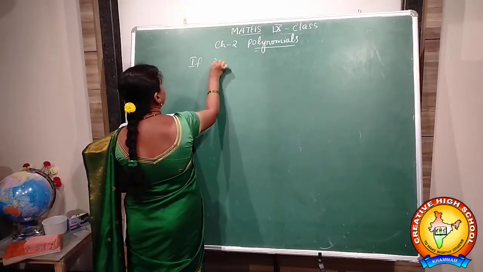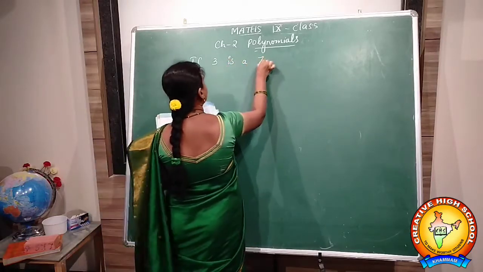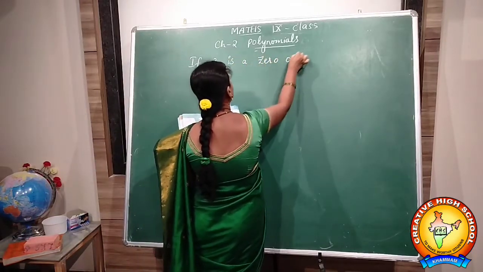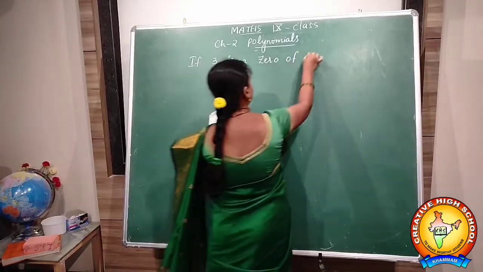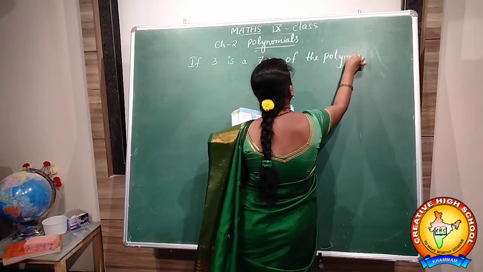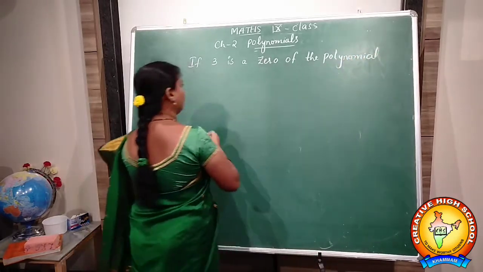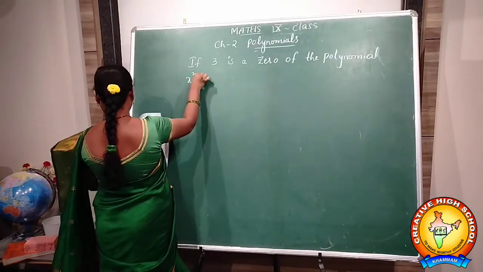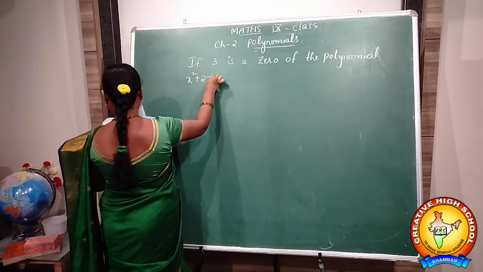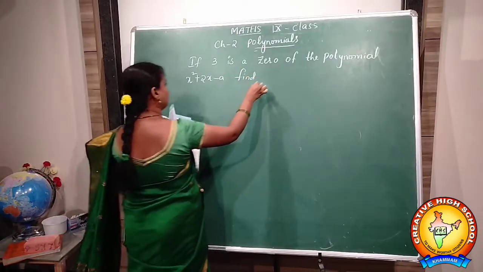If 3 is a zero of the polynomial x square plus 2x minus a, then find the value of a.